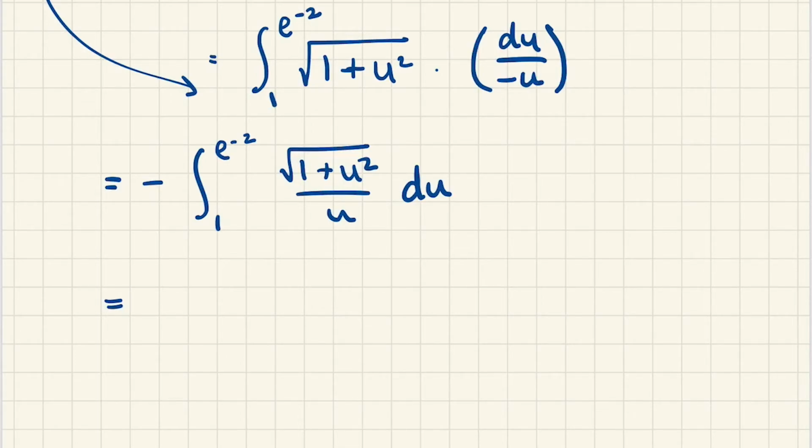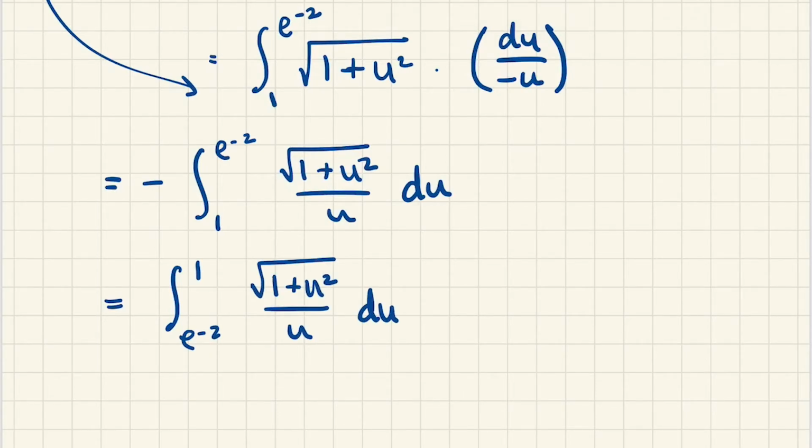And the integral happens to be negative, so we can kind of kill two birds with one stone here by throwing away the negative and inverting the order of integration. We're using the property that the integral from a to b of f of x dx is equal to negative the integral from b to a of f of x dx.